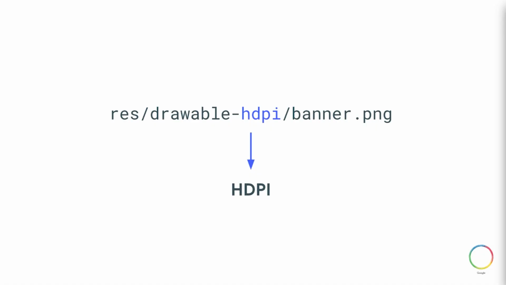The App Bundle reuses the targeting model that exists in APKs. You're already familiar with this, so let's run through it quickly. For resources, you could, for example, specify HDPI in the directory name of your resource to target HDPI devices. Or you could add FR to target French-speaking users.